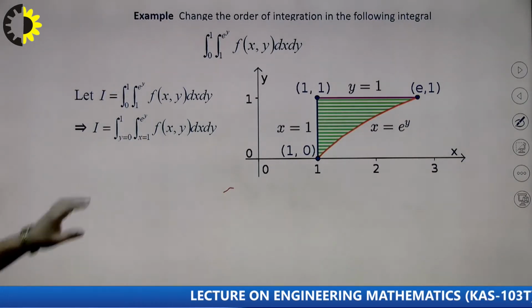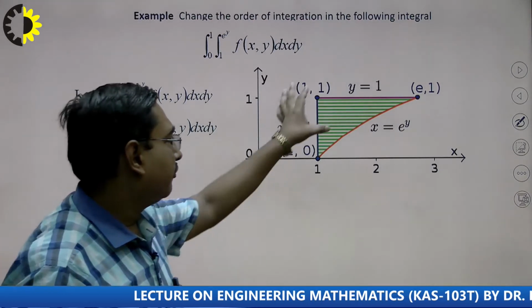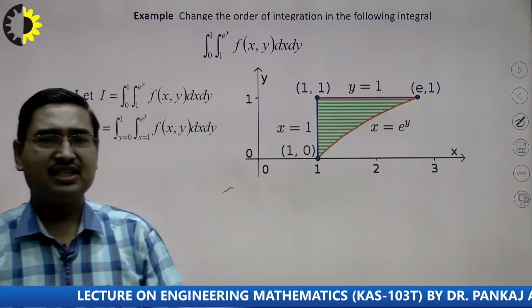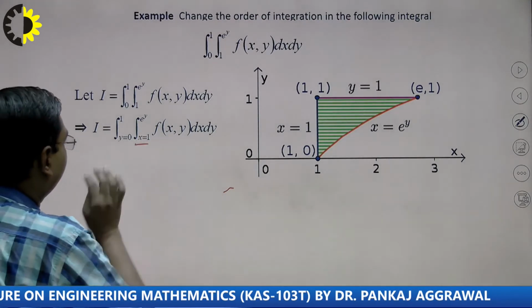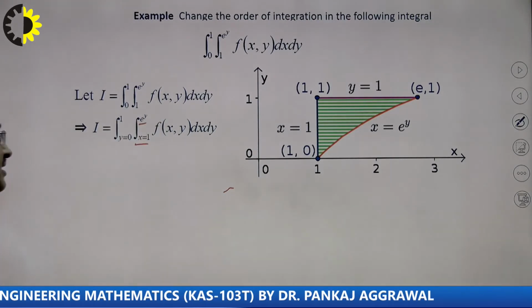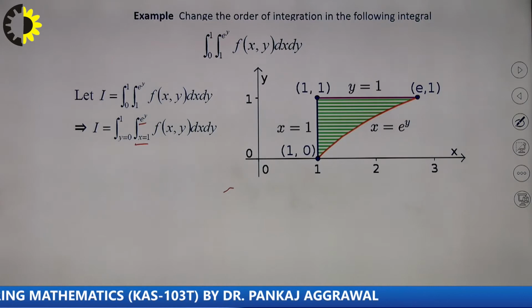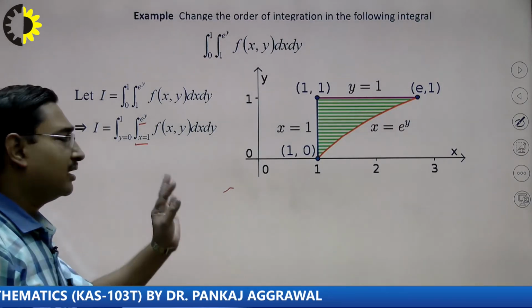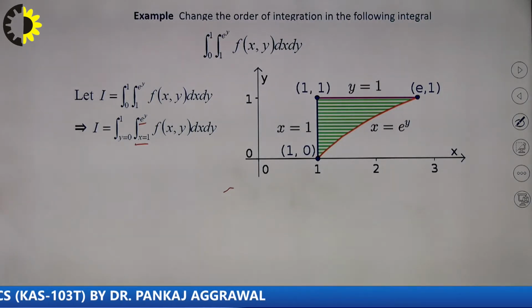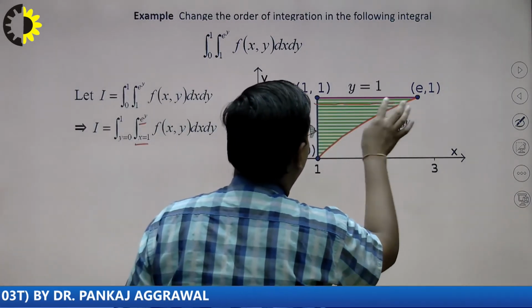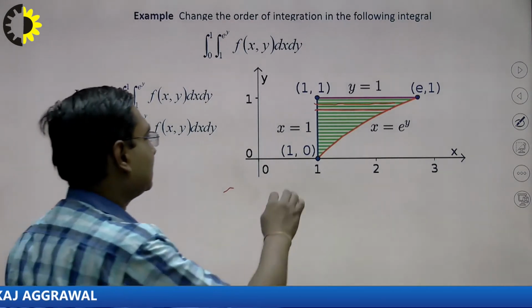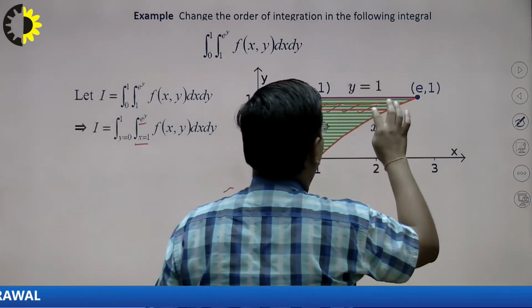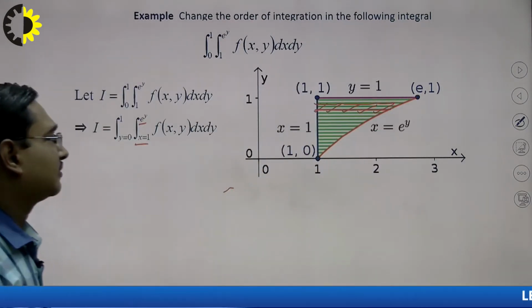Now, we will decide which type of slicing was used to find these limits. I observe that limits of x are occurring inside. We have already seen that if limits of x are occurring inside, it means the slicing is done in the horizontal direction. Means horizontal slices are used to find these limits.